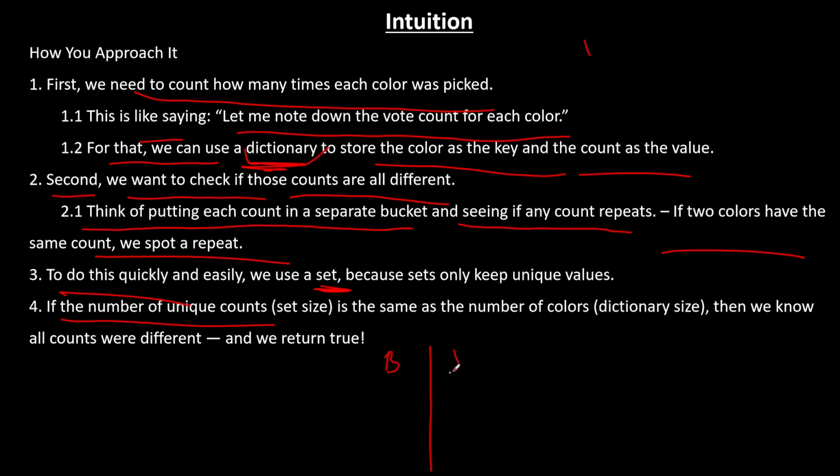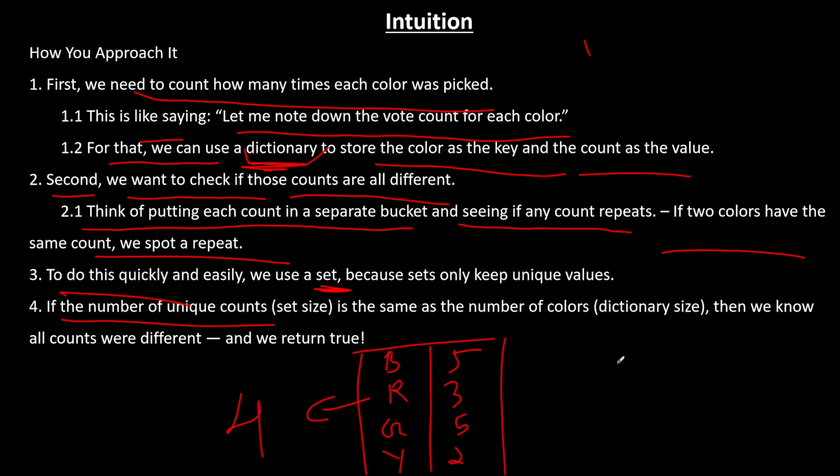Blue 5 times, red 3 times, green 5 times again, then yellow 2 times. You got the count. Great. What is the size of the map or dictionary? It's 4. Now you thought of putting these counts in a set so that we get only unique counts.